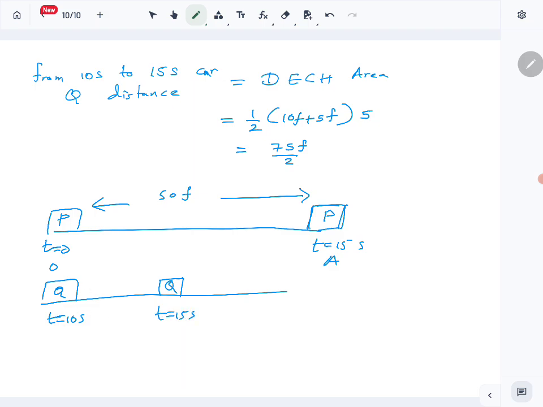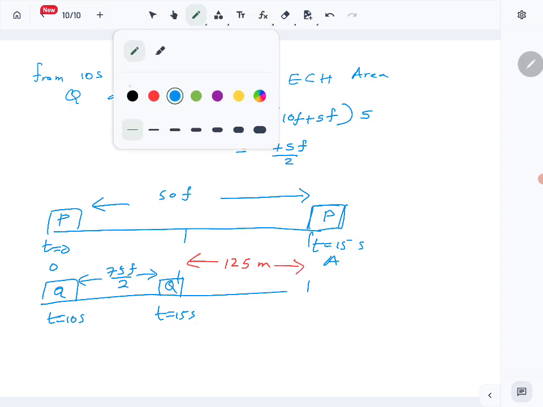From 10 seconds to 15 seconds it has traveled 75f over 2 distance. Then the difference between these two distances is what is given to us. 125 meters is that difference. So we can use that.